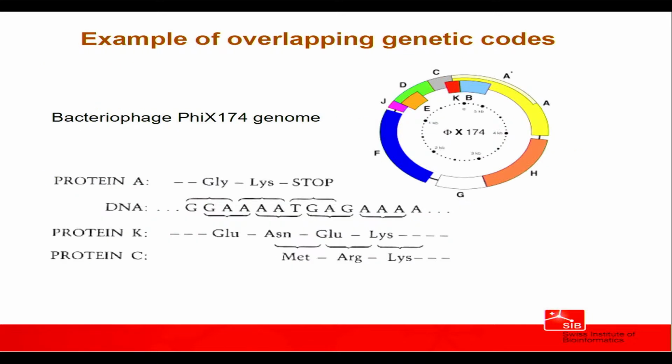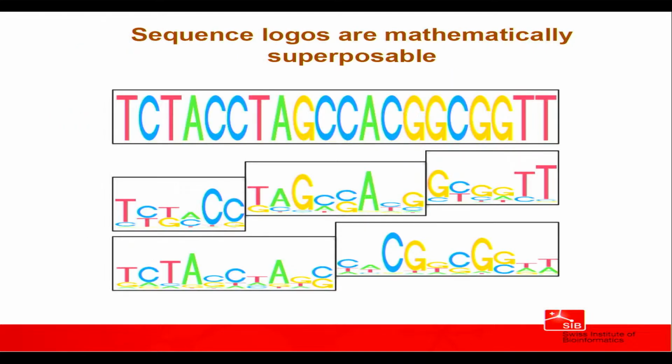Now this is just an example to remind you of overlapping genetic codes. It's from a phage where you see how the same nucleotide sequence is translated in all three different frames in different proteins. Now, for transcription factor binding sites, the arguments are more theoretical.